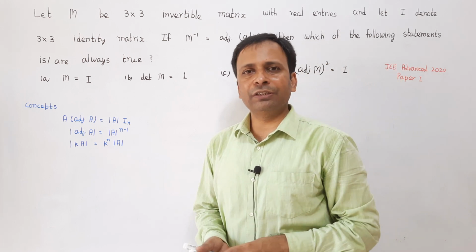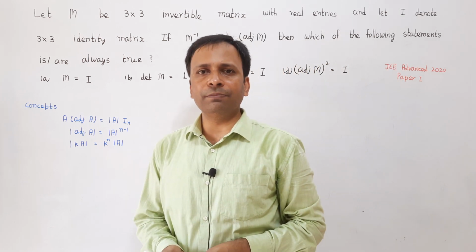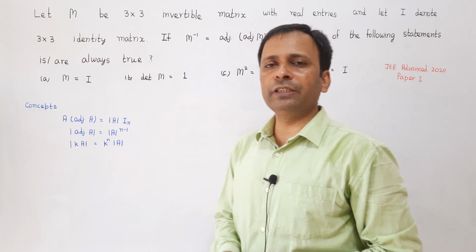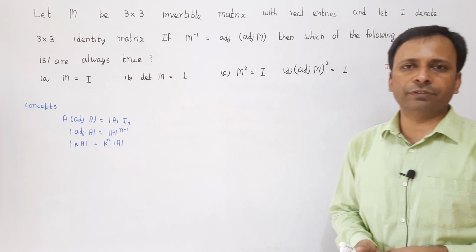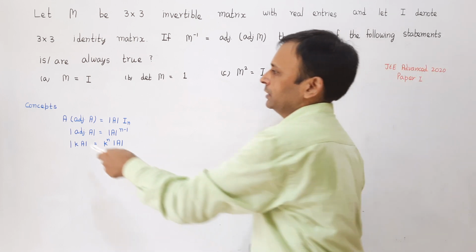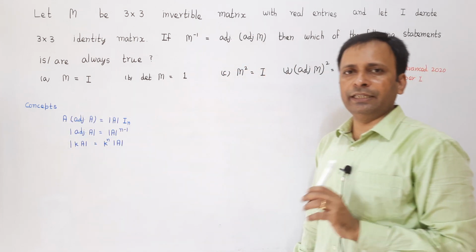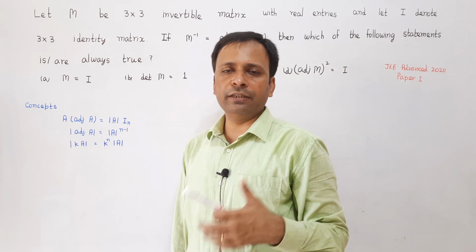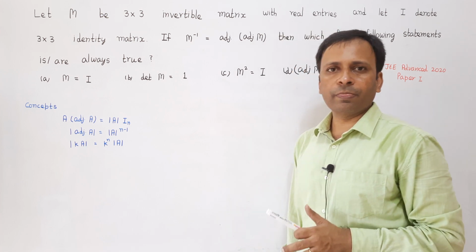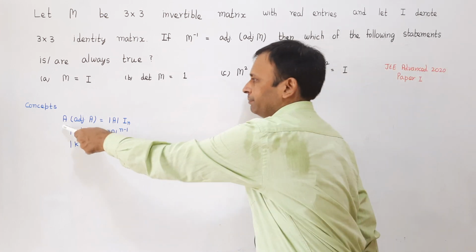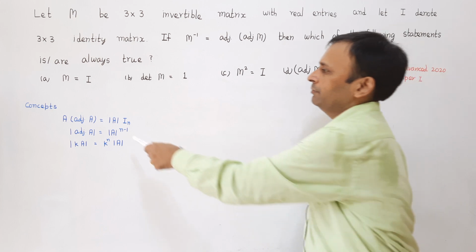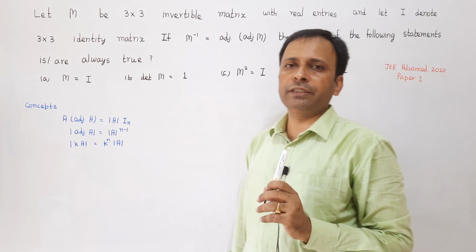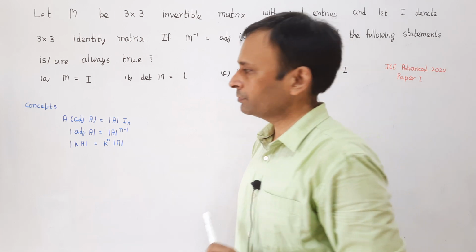Now to solve this question, I will make use of some important concepts related to the properties of the adjoint of the matrix and the determinant of the matrix. The first one: if I take any square matrix A of order n, and multiply that matrix with its adjoint, I will be left with the determinant of A multiplied by the identity matrix.